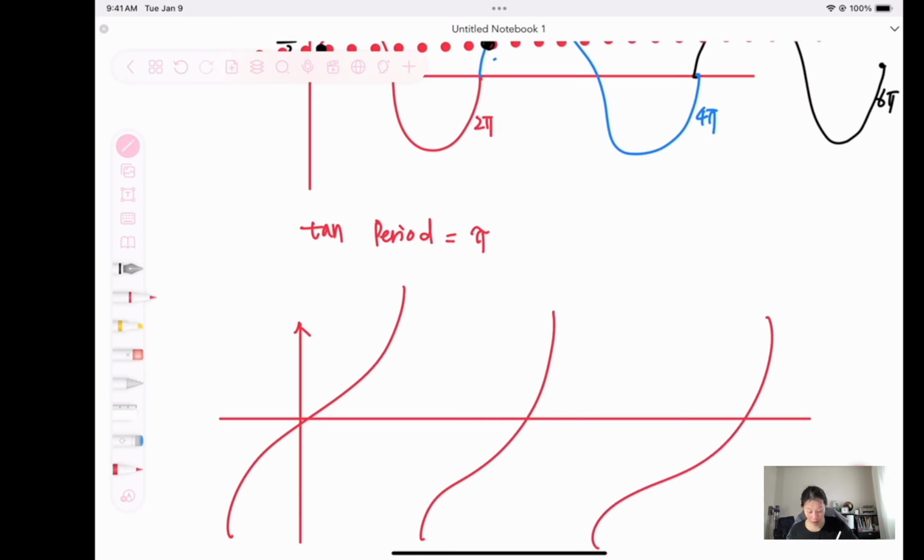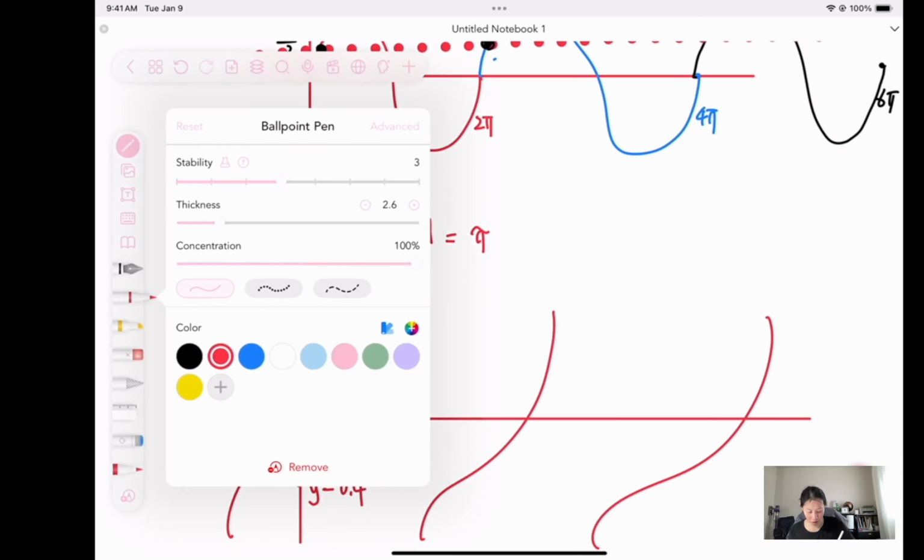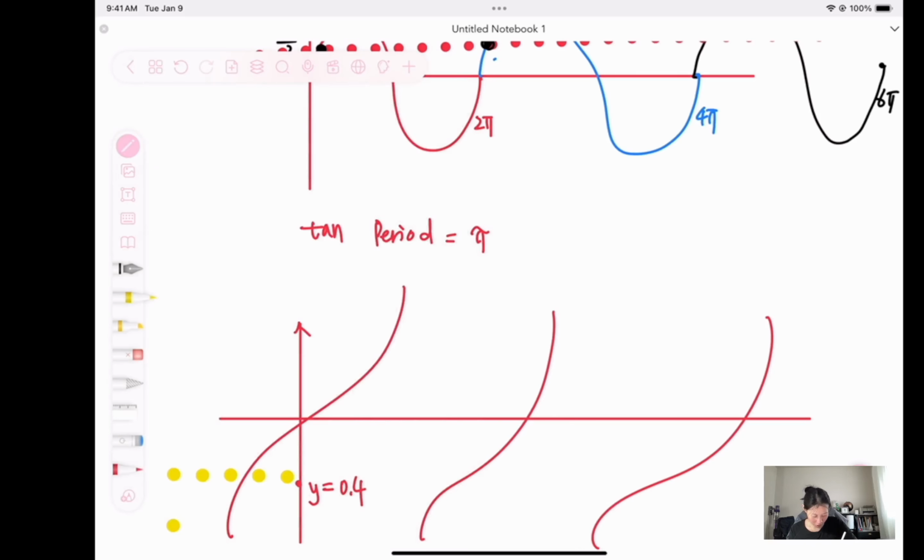So if I ask you, y equals 0.4, how many solutions are there? Well, we will also have 3 different solutions or more than that: 1 solution, 2 solutions, and 3 solutions. And these solutions repeat every pi period because tangent repeats every pi.